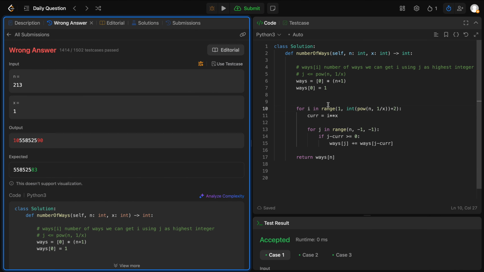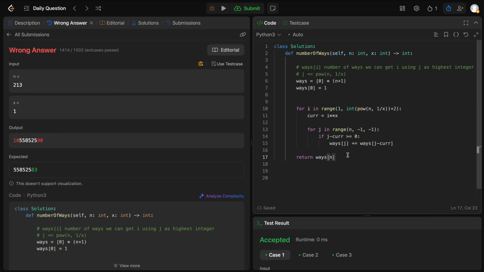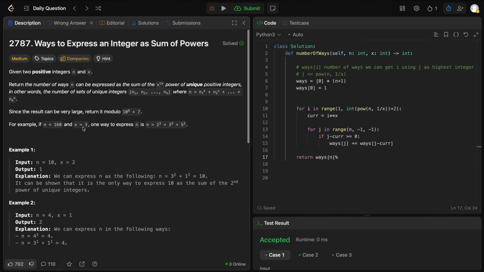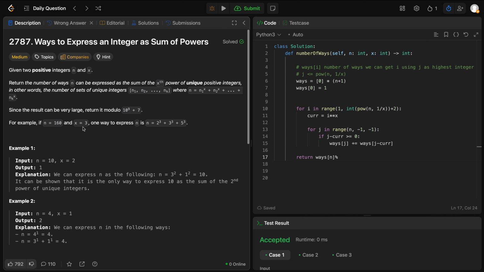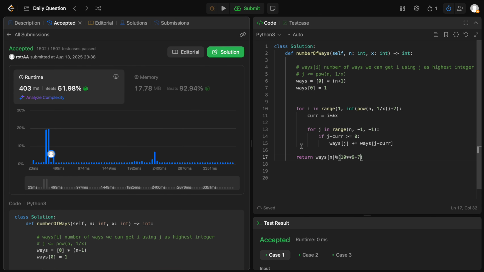Because if I try with 0, then current is equal to 0, and then current would be 2. Oh, okay, and one thing more, I forgot to do the mods. So mods 10 to the 9th plus 7. Okay, nice.